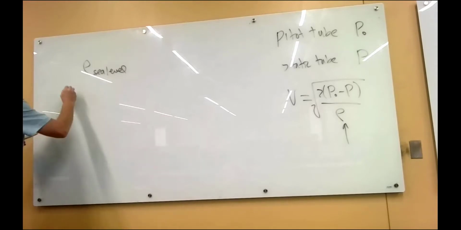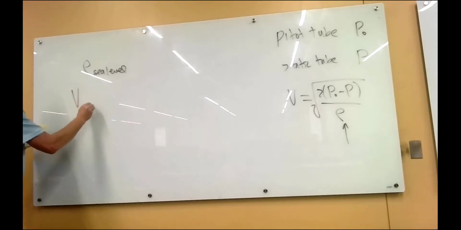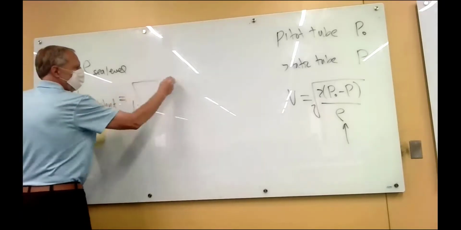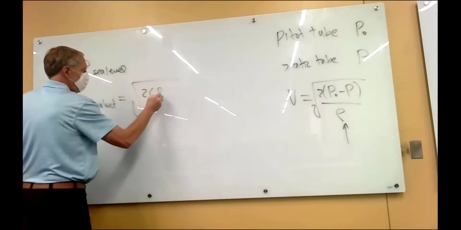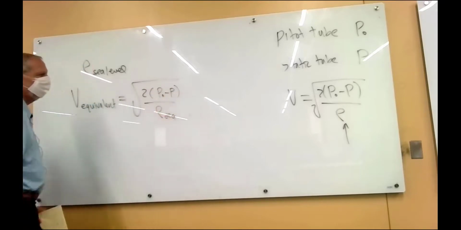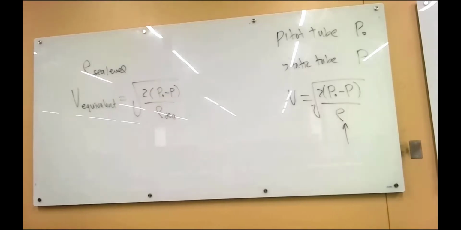And if you do that, and you use this formula, you get something called equivalent airspeed. Because you're using the density at sea level, so you're getting the airspeed you would feel at sea level, even if you're flying at altitude. So it's not 100% accurate, but it's called the equivalent airspeed.